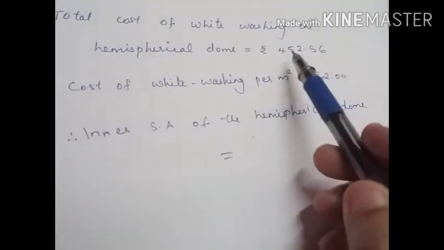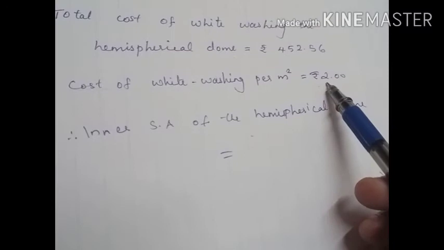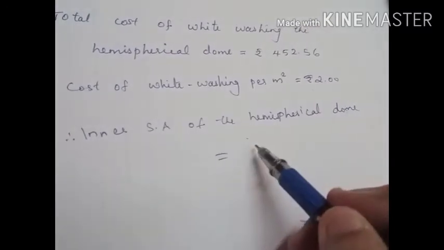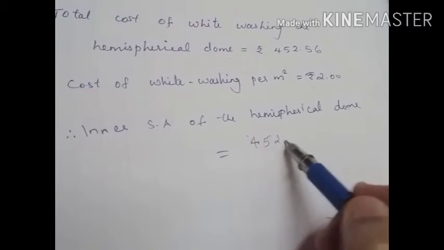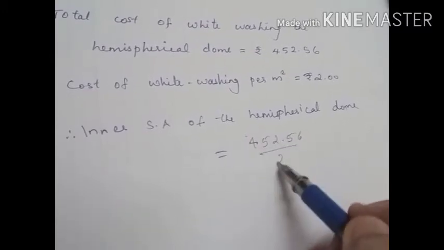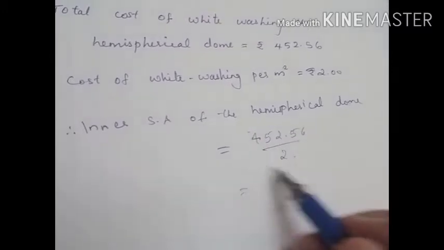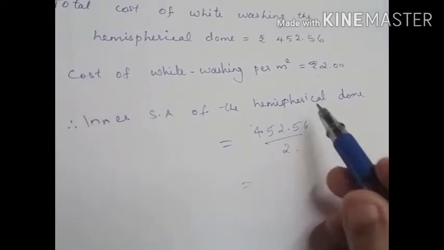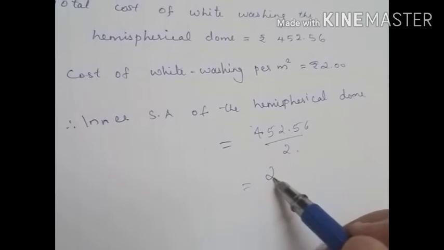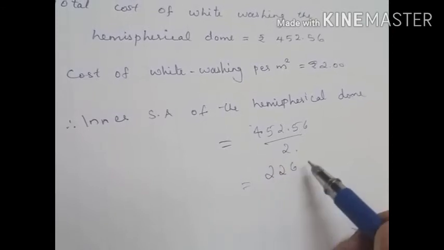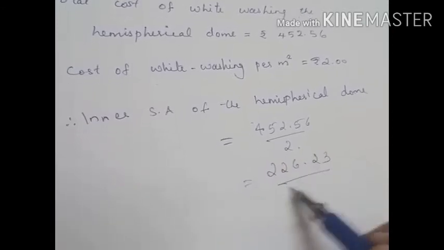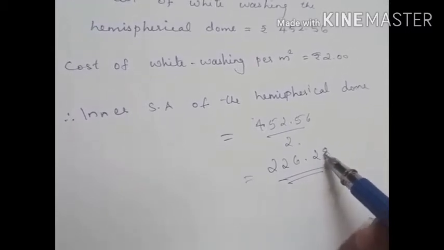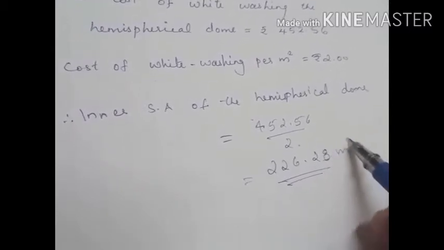How will we get the total cost? Cost per square meter is rupees 2. So we get the surface area as 452.56 by 2. So this much area will be there as the inner surface of the dome. That is equal to 226.28 square meter.